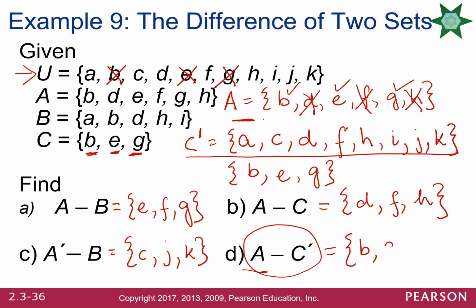B, E, and G. All right, which is the same as what C was. So when we did A minus C naught, we ended up with the same set as C. All right, so now let's go and check the solutions to see if we did this correct.